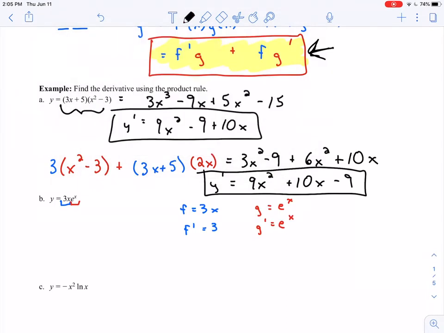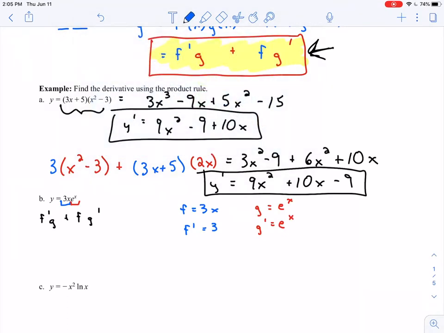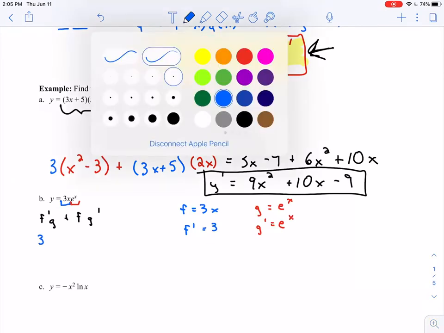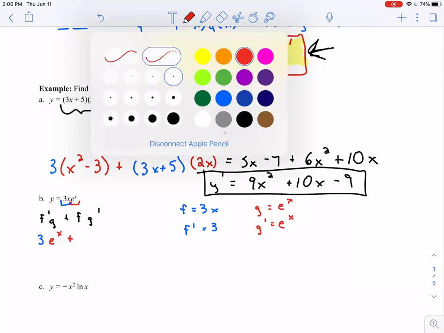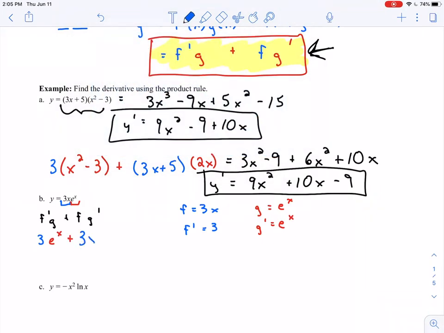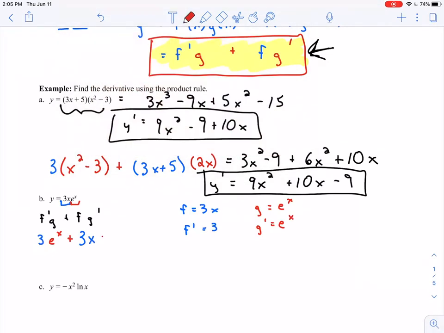So keeping in mind my product rule, I'll write it right here so we have it in front of us: f prime times g plus f times g prime. So f prime is 3, times g is e to the x, plus f is 3x, times g prime is also e to the x.